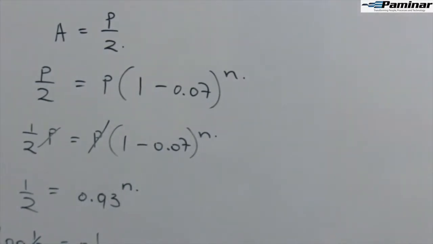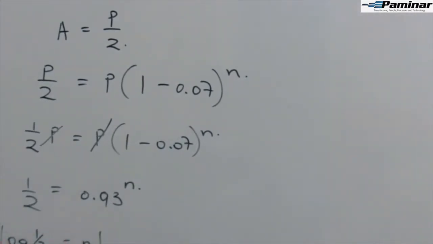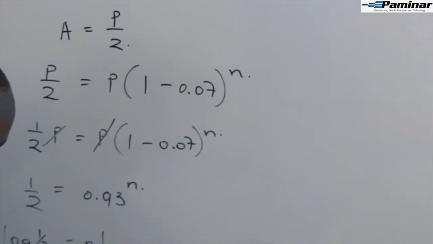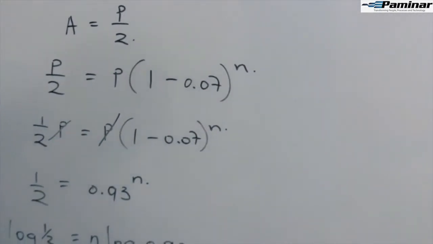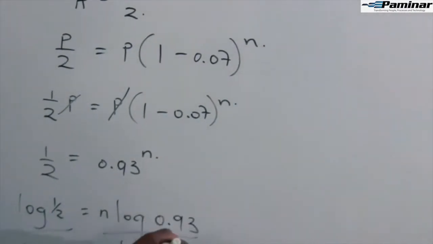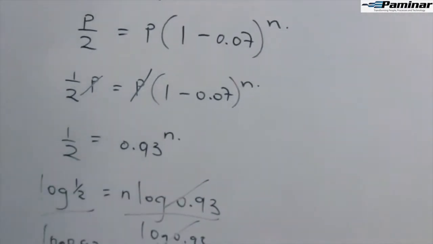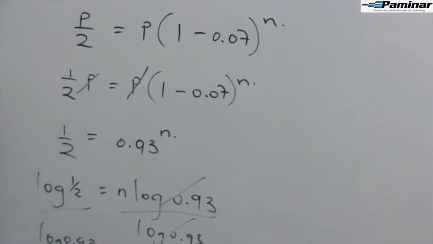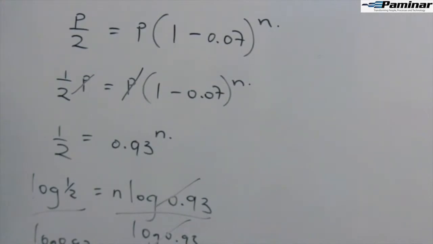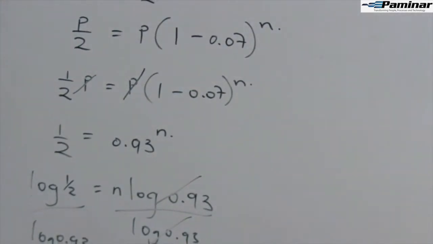Now to get n, we divide both sides by log 0.93. So n is log half all over log 0.93.